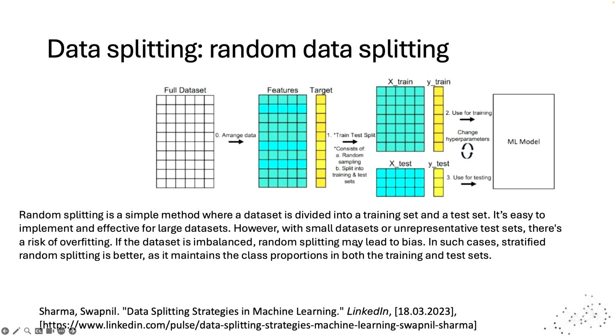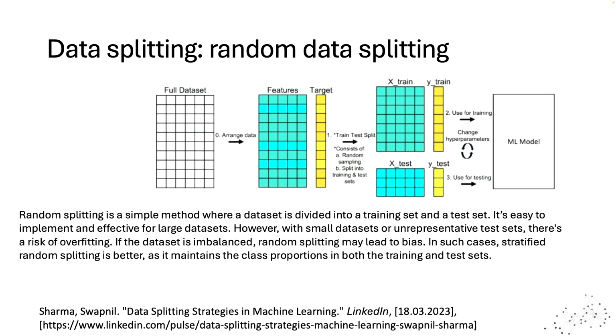But it has some disadvantages, for example, if our dataset is imbalanced. What does imbalanced mean? For example, we have some labels, some classes. Let's say we have a dataset of images of cats and dogs, and somehow we could find a lot of photos of cats and less data of dogs. It means we have imbalanced data.